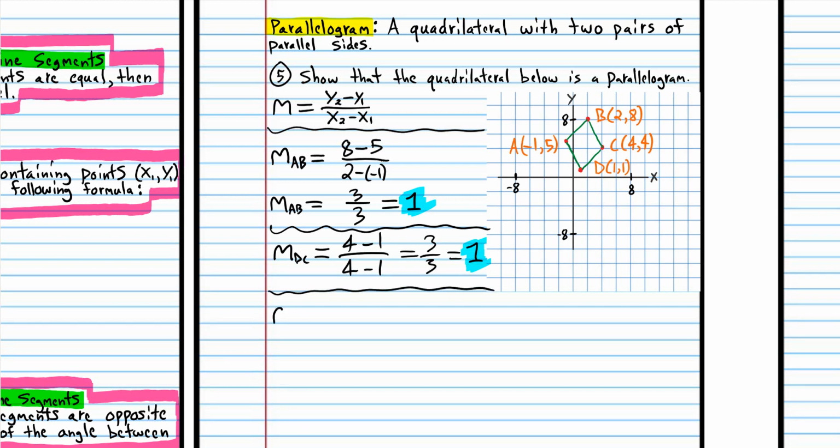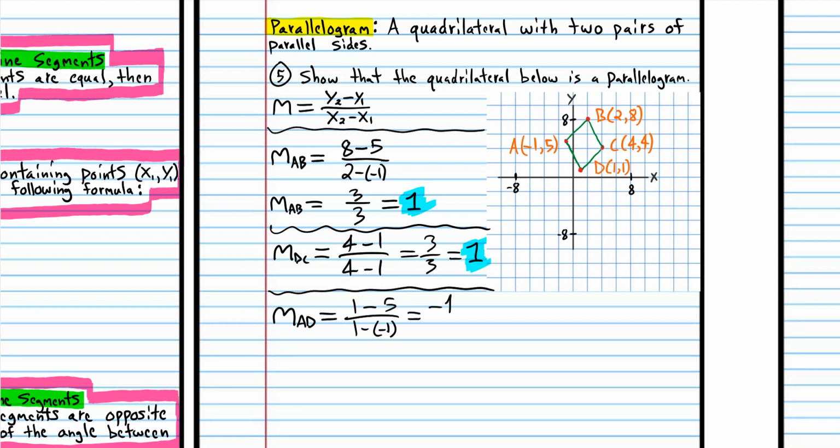So now I'm going to find the slope of side AD and show that that slope is the same as side BC. So using A as (-1, 5), I have 1 minus 5 over 1 minus negative 1.